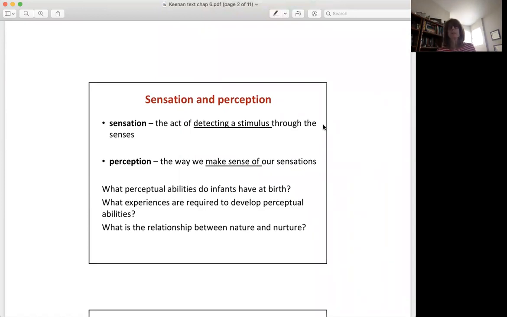And I want to make it clear that there is a differentiation in the two words sensation and perception. And it's an important difference that I think warrants having a slide about it. So if you look at the definition for sensation, it's detecting a stimulus through the various senses.